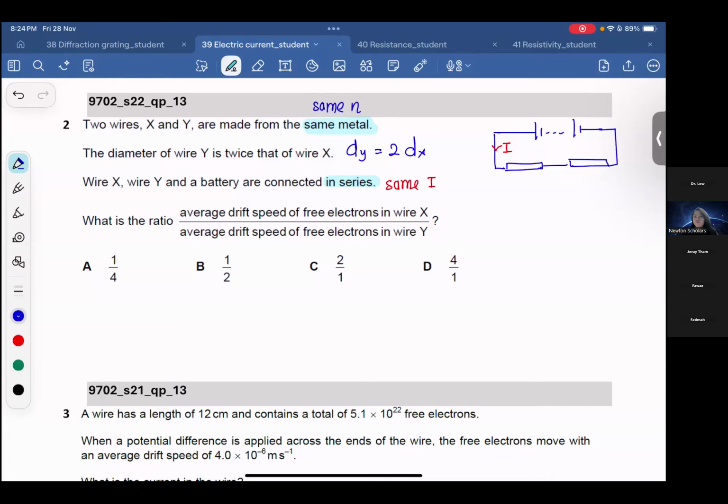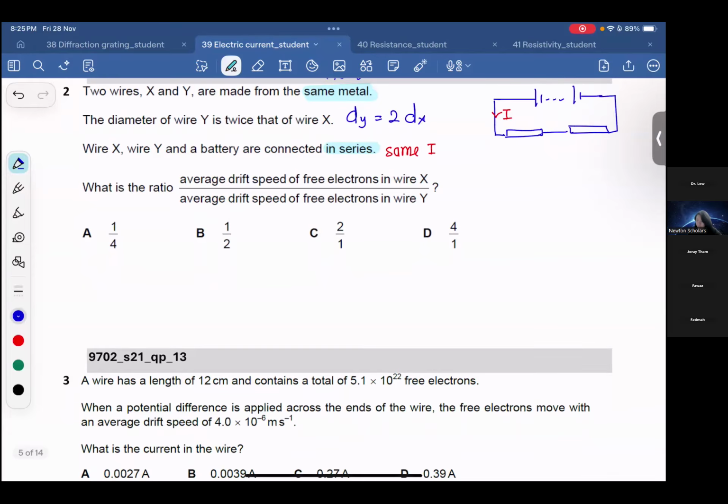Correct. Okay, so I equals NAVQ. For X, Ix equals Ax, then Q is the same, and V we don't know, Vx.